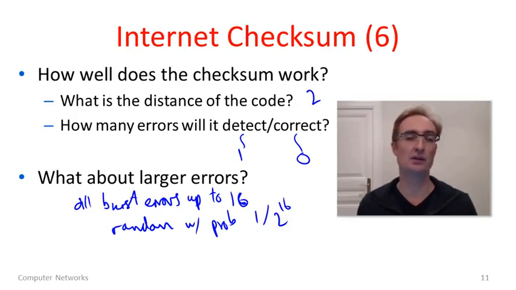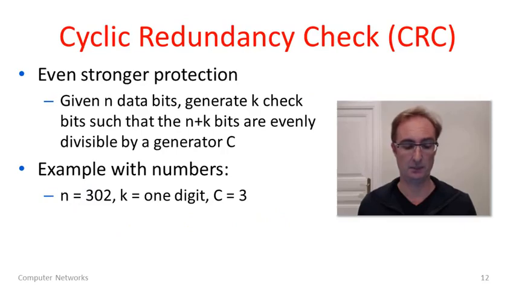So there's only a 1 in 2 to the 16 chance that the checksum will actually match the data. So this is much stronger than parity. So we have got quite a lot by going from parity to checksums. It's really much stronger. But it's not as strong as we would like things to be in practice. For the same number of bits, we can do even better with codes which are called CRCs, or cyclic redundancy codes.